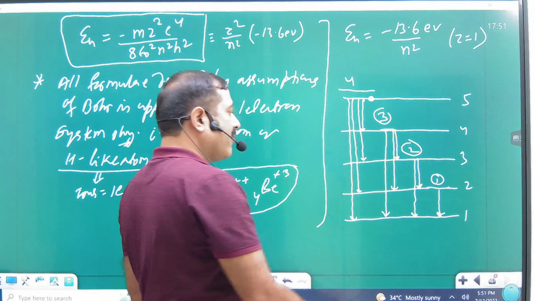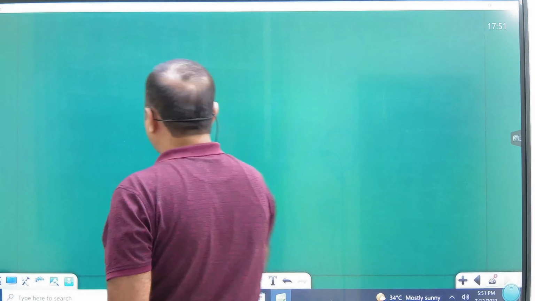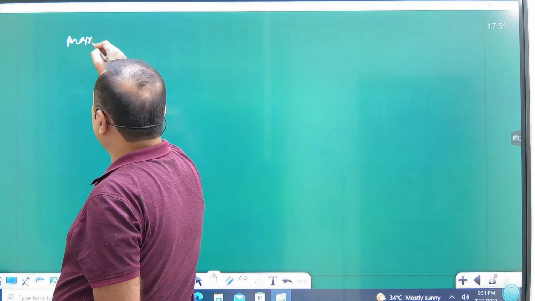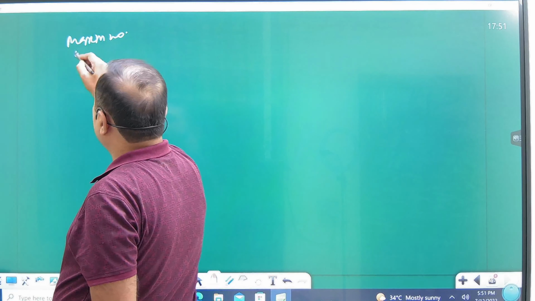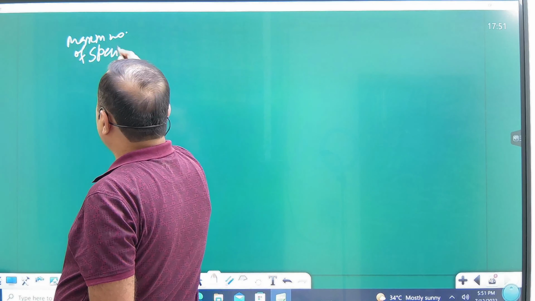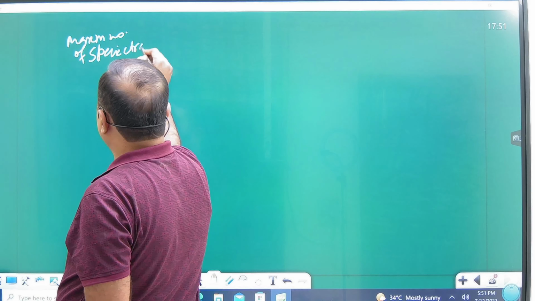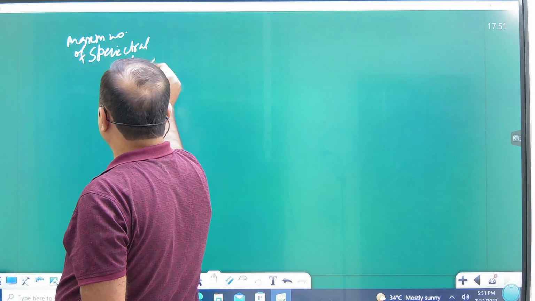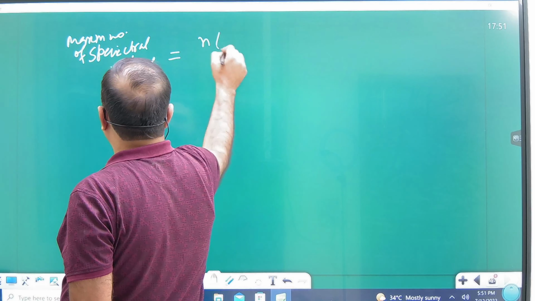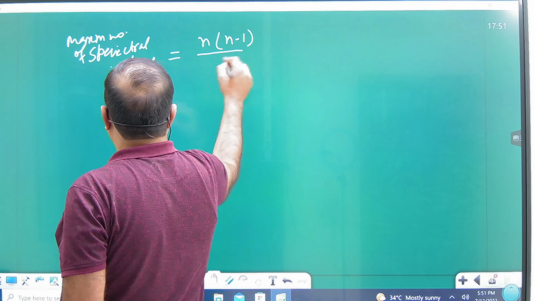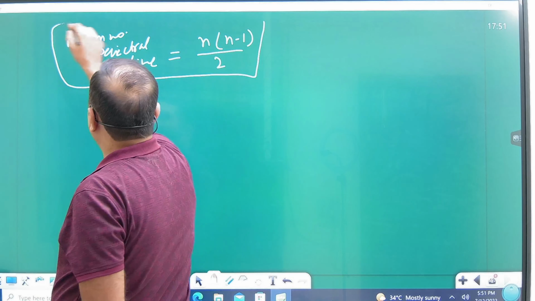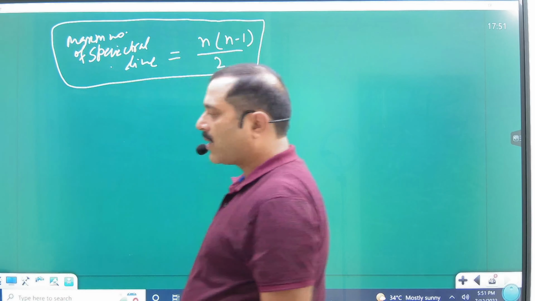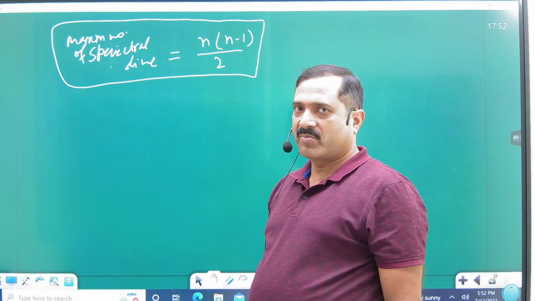Hence we have a formula: the maximum number of spectral lines, any one specific electromagnetic radiation being termed a spectral line, is equal to n into n minus 1 by 2, where n is the number of the highest orbit in which the electron was present.